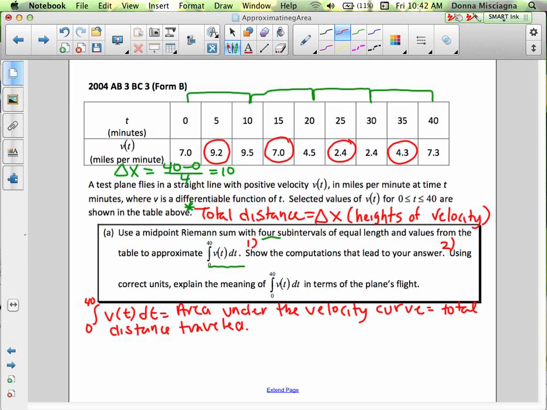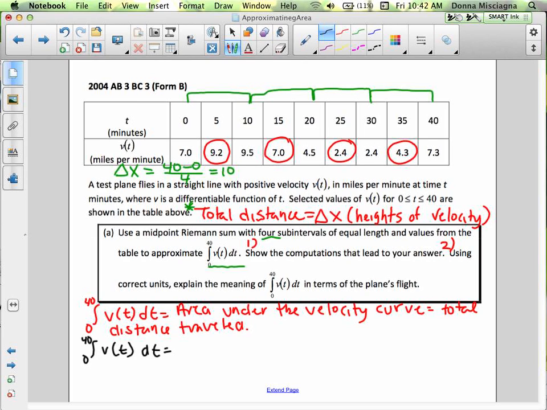All right, so let's find the total distance here. Switch colors. I'm seeing too much red. All right, so this, the integral from 0 to 40 of v of t dt. We're doing a midpoint Riemann sum.